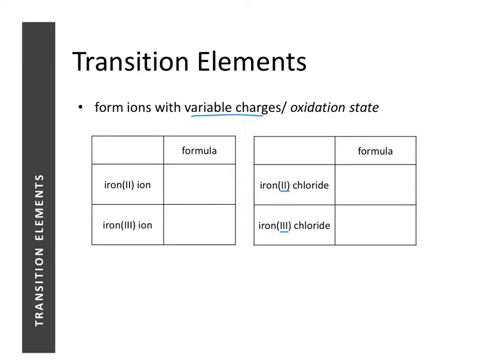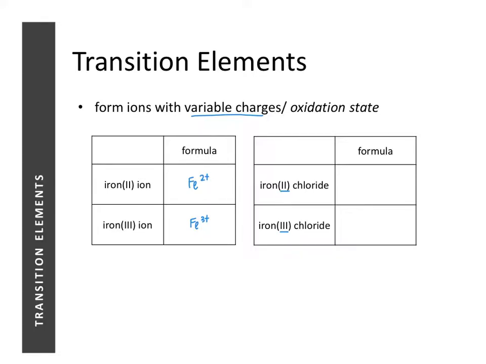So what it means when we have iron 2 chloride is that the charge on iron is Fe2+. Similarly, for iron 3 chloride, the charge on iron is Fe3+. Okay, so a transition element can actually form ions with different charges.